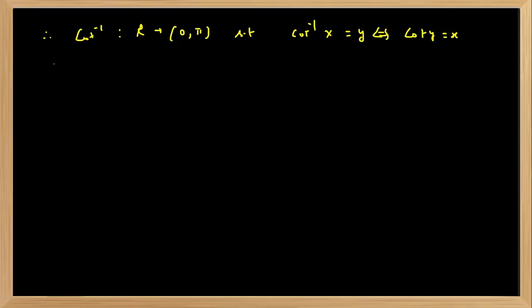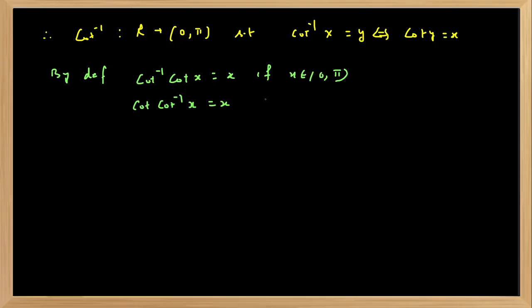Now by definition, cot inverse of cot x is x if x belongs to 0 to pi, whereas cot of cot inverse x is x if x is any real number.